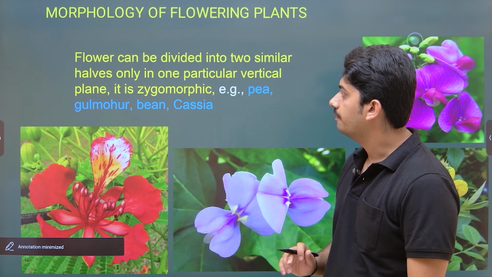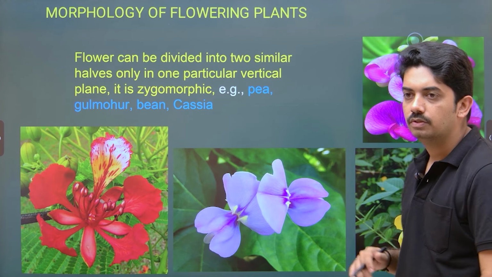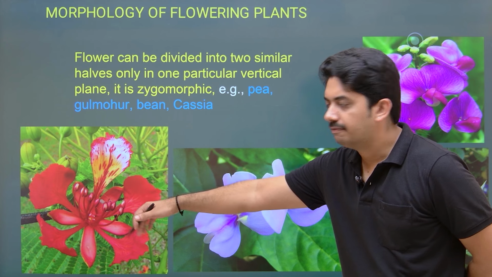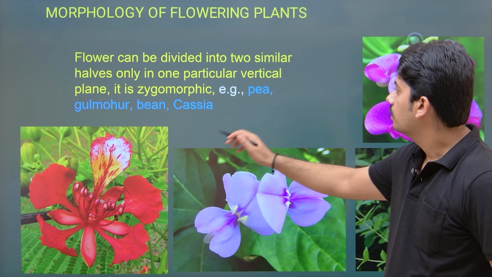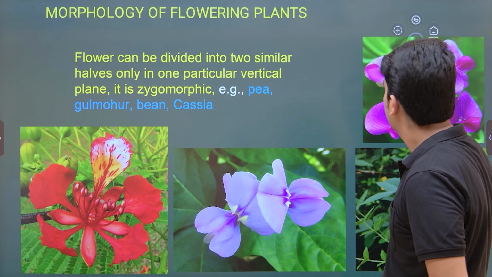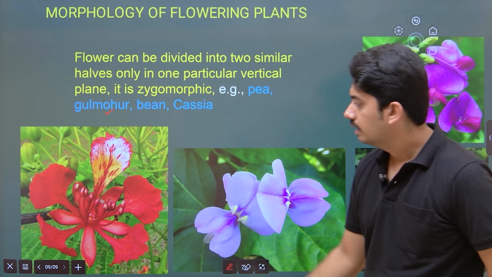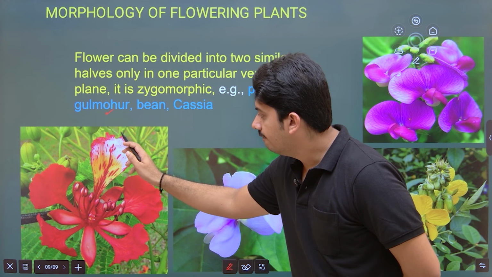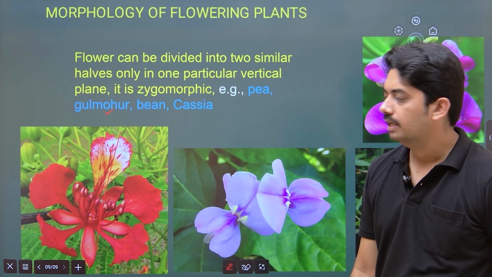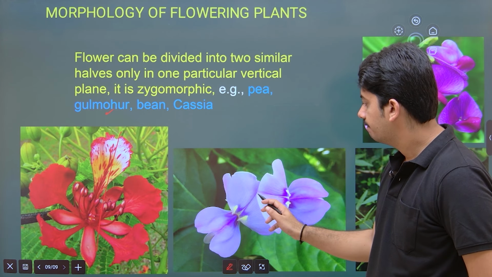Next, zygomorphic flower. These are some of the examples you can see. This is Mayflower, and you all know Gulmohar. Here, in only one plane, you will get the two halves. Zygomorphic flower. This is pea plant.